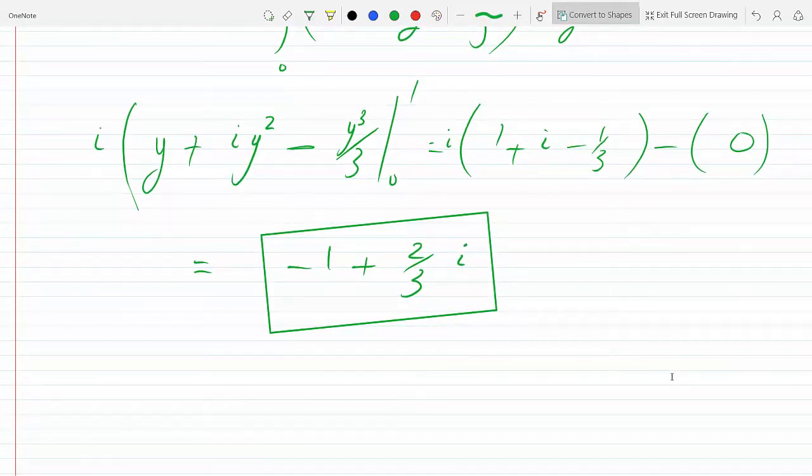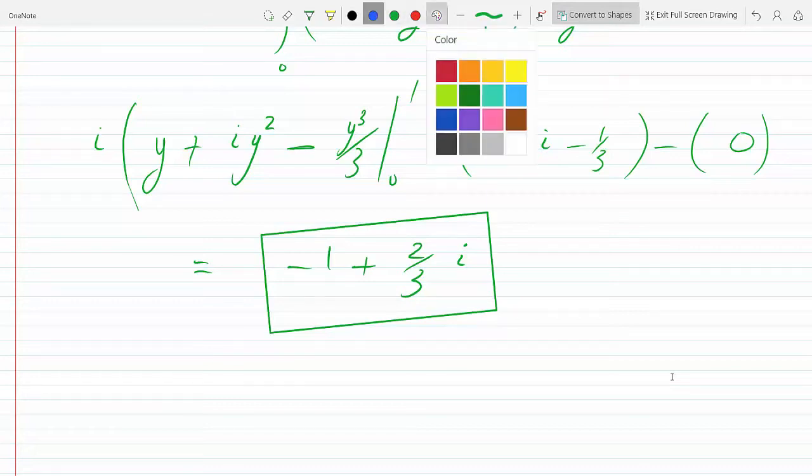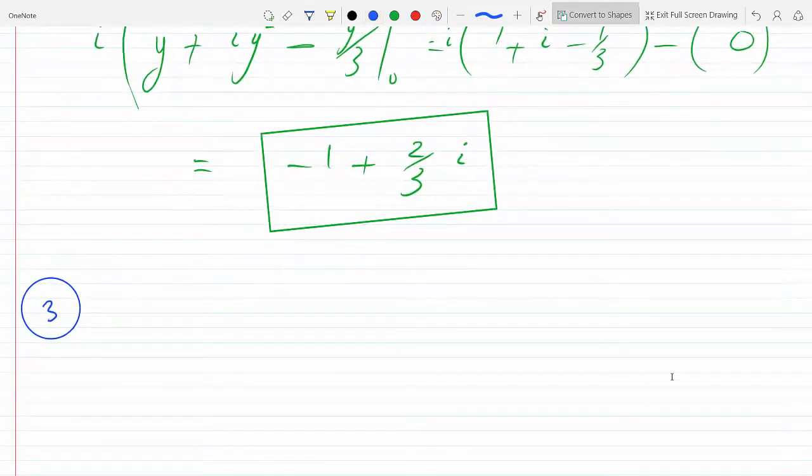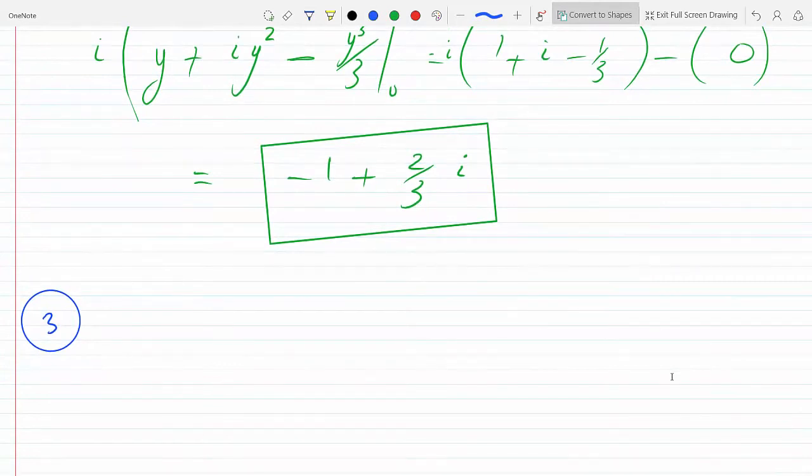And now if I go on to number 3. So that's path number 3. So now we're going along horizontally. Again, horizontally, that means dy is not changing, so dy is 0.